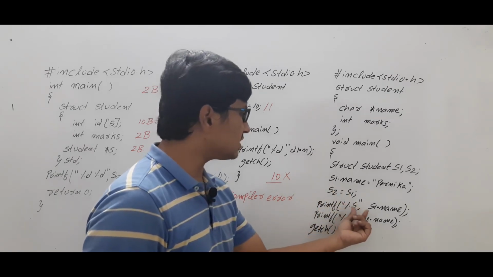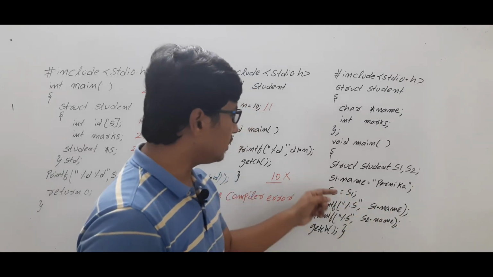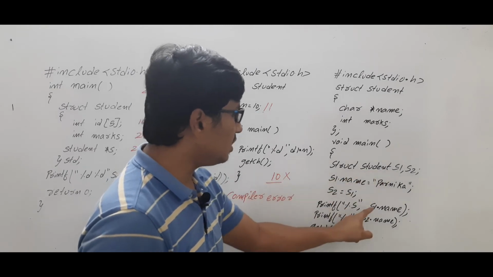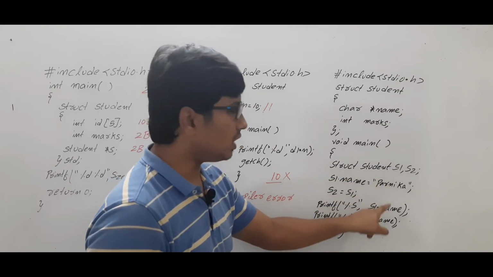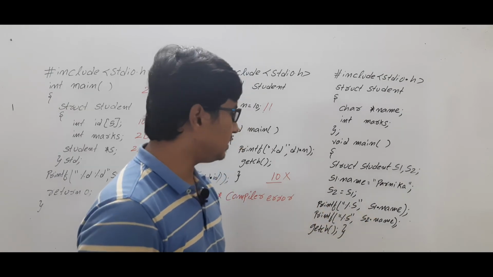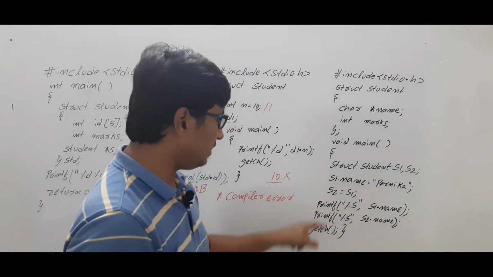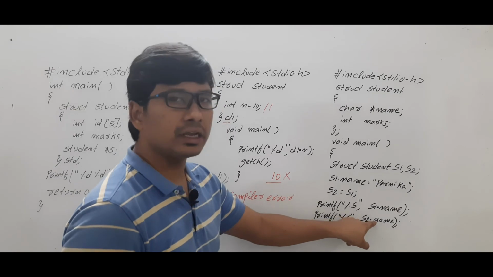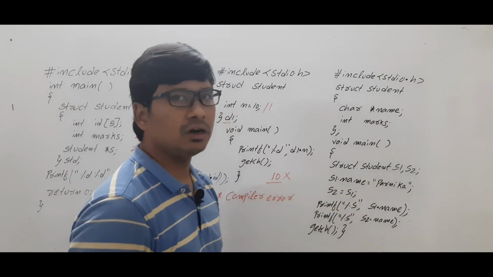Now printf %s, s1.name. Now s1 is a variable, so you are printing the string called Parnika. So here the output will come as Parnika, and here also s2.name, again it will print Parnika.